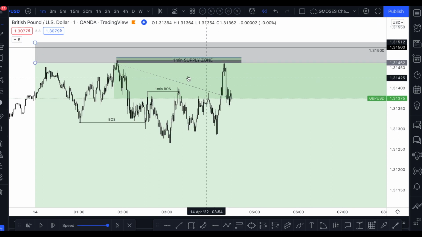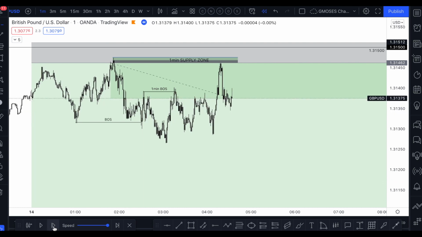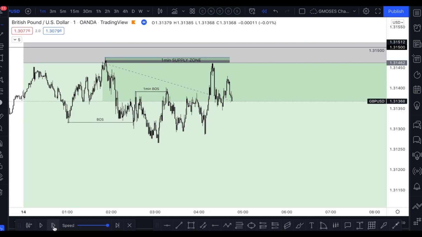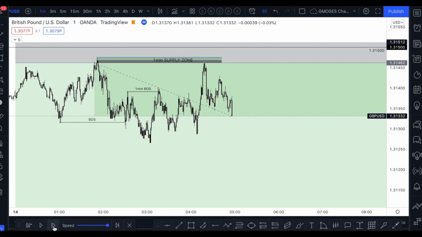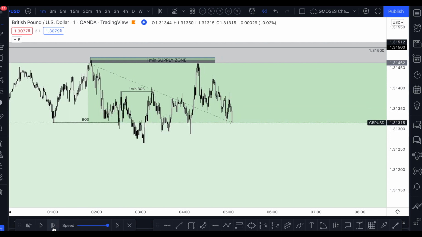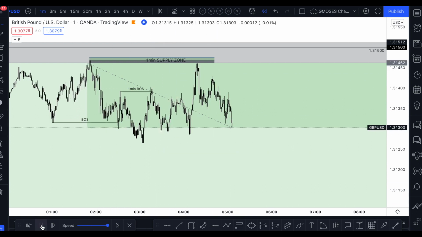Okay, so now, as you can see, this thing has wicked us in. And let's kind of look at price action, see what it's going to give us. So as you can see, higher high, higher low, higher high, and let's check it out.